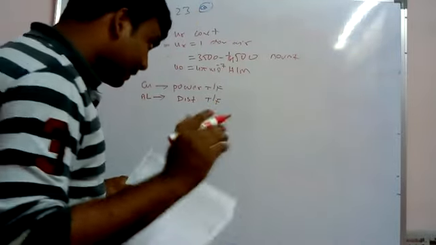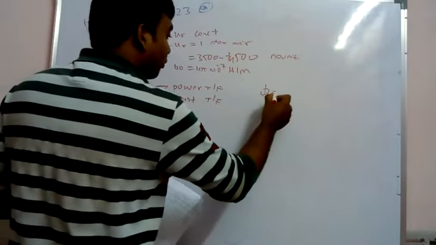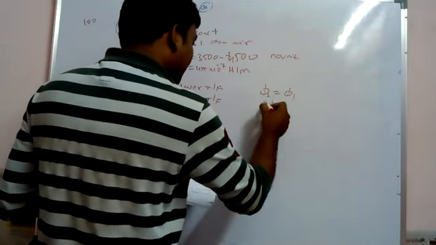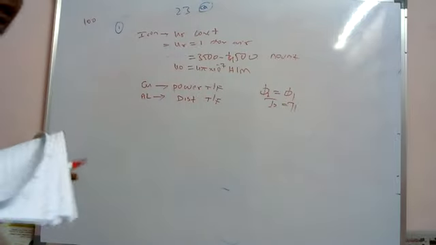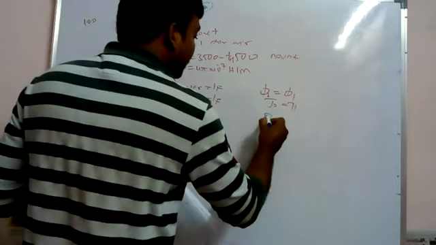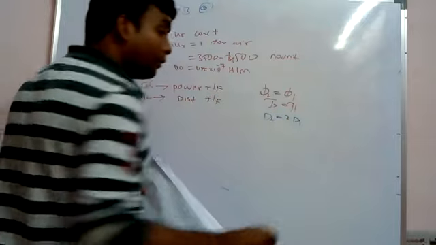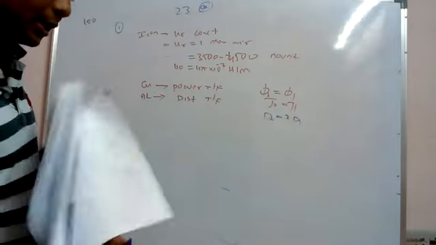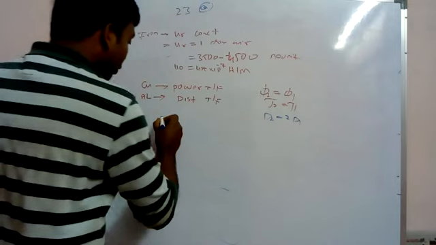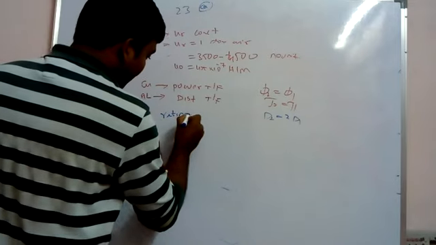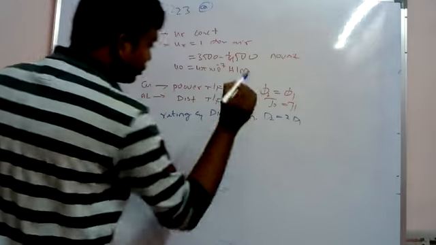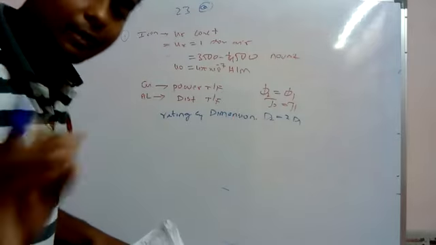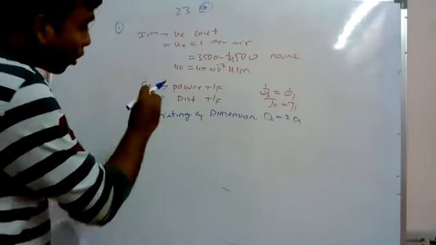They are designed to work at the same flux, phi2 equal to phi1, and the same current density J2 equal to J1. But the linear dimension is doubled: D2 is 2 times D1. In video lecture 21, I discussed rating and dimensions. If you haven't watched that video, please go and watch because it's very important. GATE questions are framed on this area.